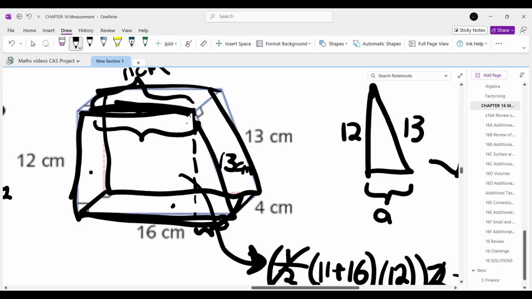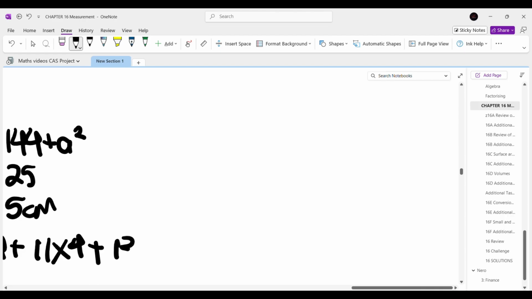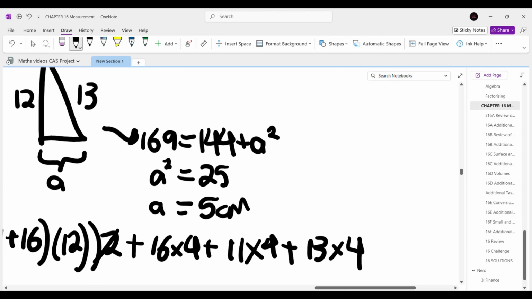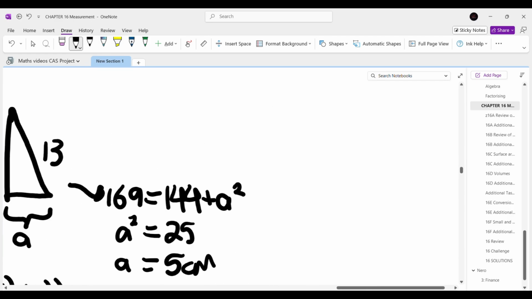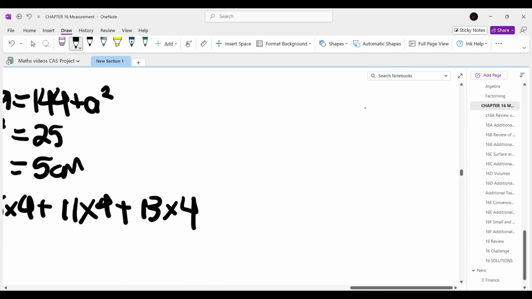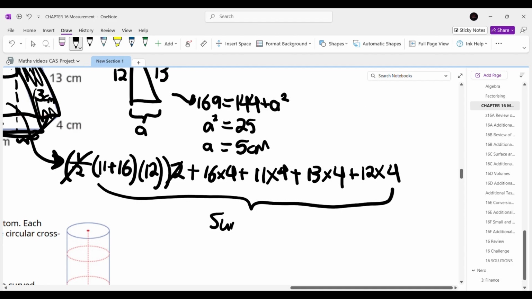Then we have 13 times 4, because this is our length here of this slant. And finally, we have 12 times 4 as our last length. So obviously you can crunch this all down, and this will give you your surface area of this shape.